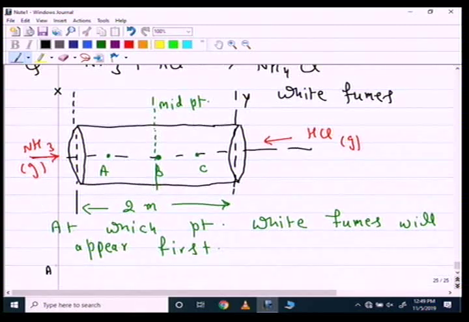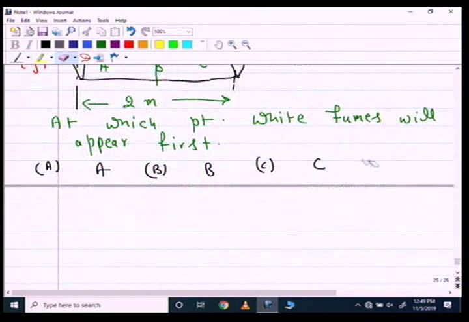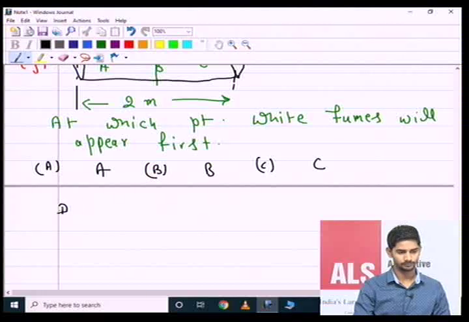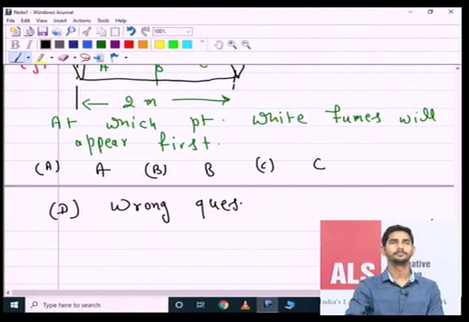given to us: A, B, C, and D. Wrong question.